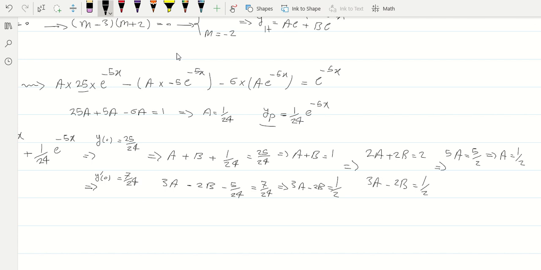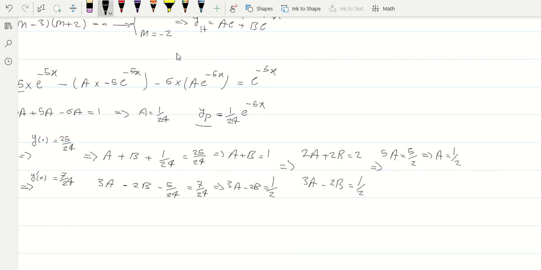And if I substitute a is equal to 1 over 2 into either of the equations, I'm just going to use the first equation, for example. It is 2 times 1 over 2 plus 2b is equal to 2. I'm just going to write it below.